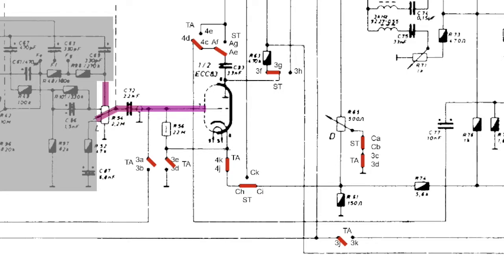Now the other part we see here is that this path here is closed, because of the TA switch. What you have going on here is it gets to this point and it meets a 150 ohm resistor. This 150 ohm resistor effectively raises the ground, if you want to call it, of the signal level of this triode to that point.